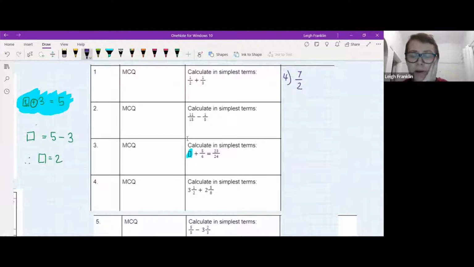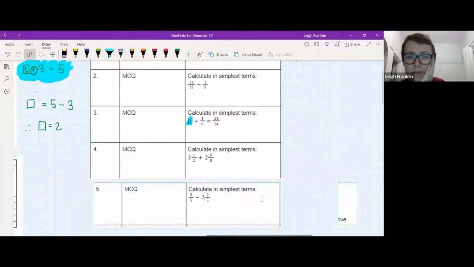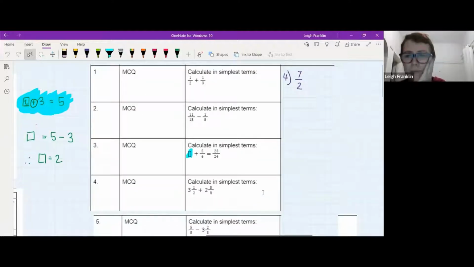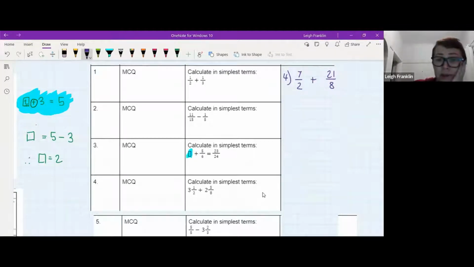Lovely. Keep going. Plus 2 times 8 plus 5, which is 21 over 8. Lovely. Well done. And then what would you do after this? Then we would see what 8 and 2 would go into.